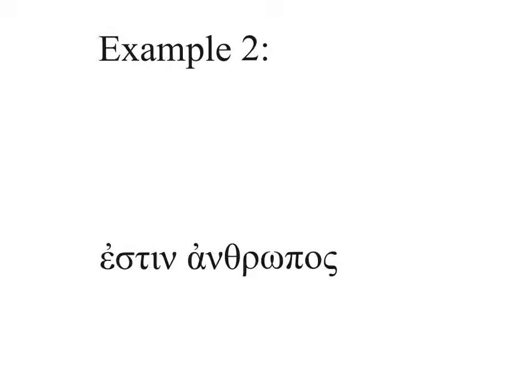Example 2, estin anthropos. So as we began last time, we need to start by recalling how our non-enclitic word is normally accented. So our enclitic is estin and anthropos is not our enclitic. So that's normally anthropos with an acute on the alpha.